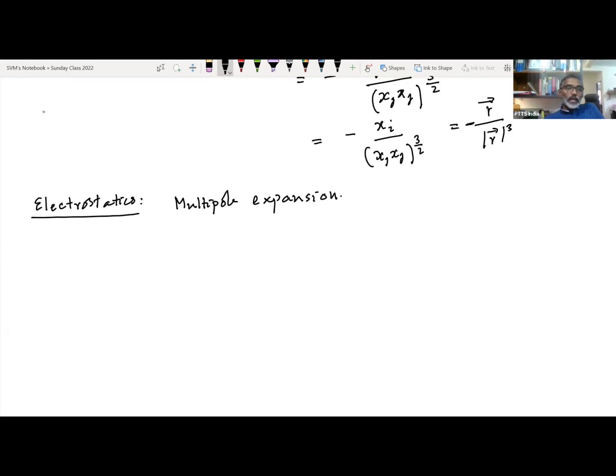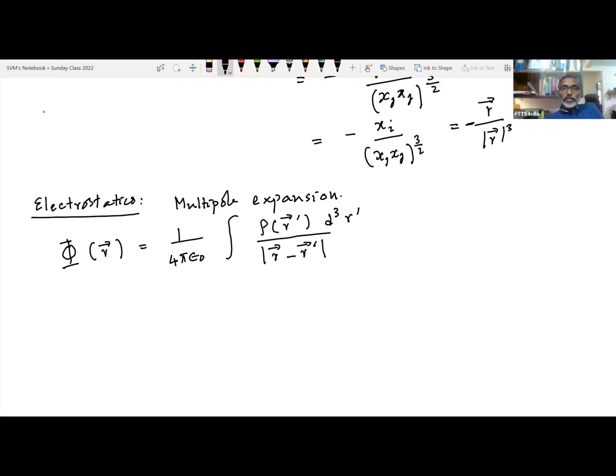So if you have an electrostatic potential, which I am sure you all remember, it is 1 over 4 pi epsilon naught integral rho of r prime into d3 r prime divided by modulus of r minus r prime.